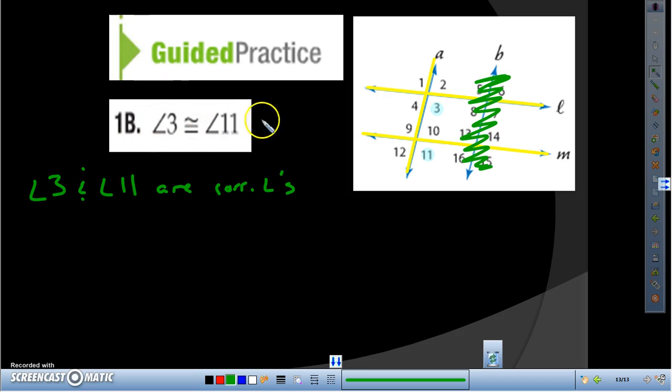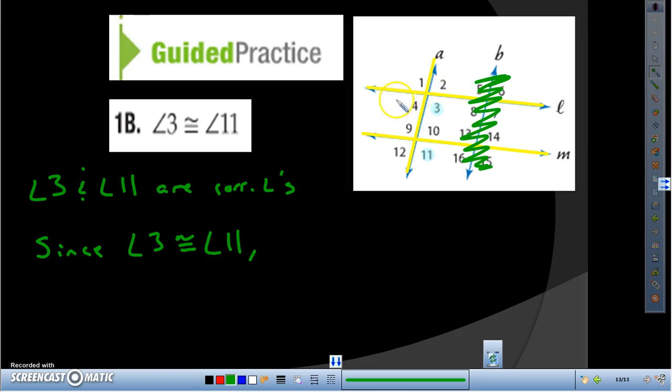Well, the given information told me that angle 3 and angle 11 are congruent. So with the information that I have now, I can say since angle 3 is congruent to angle 11, and I know that they are corresponding, which I've already stated, what can I say?